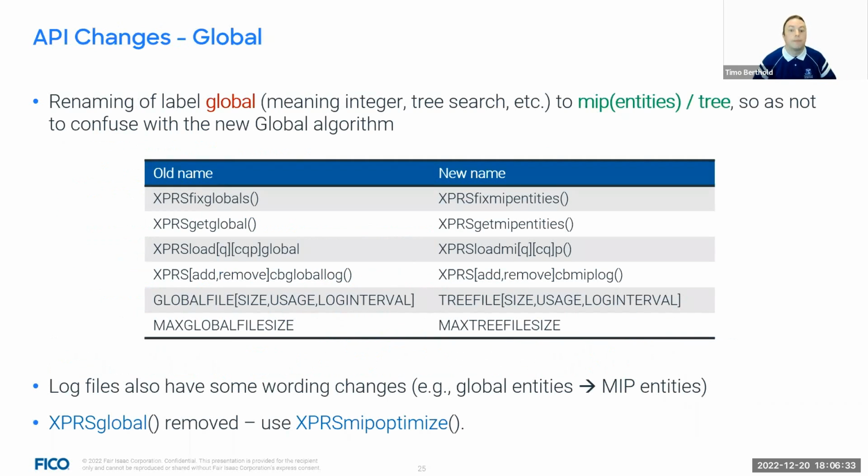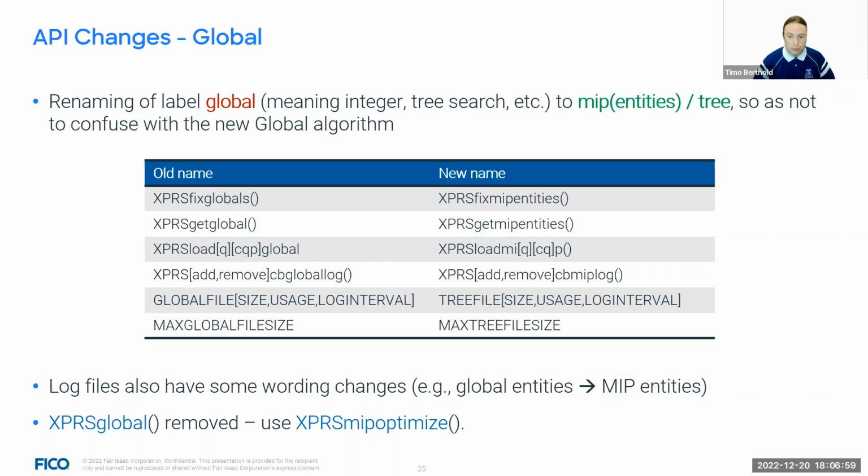Speaking of global, some of our naming schemes fell directly onto our feet when starting the global solver development. You might be aware that in Xpress we used the term global entities to summarize integer variables, binaries, semi-continuous, and so on. Anything that makes a linear problem branchable, disconnected, and NP-hard, however you want to call it.